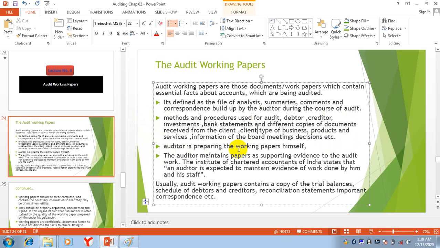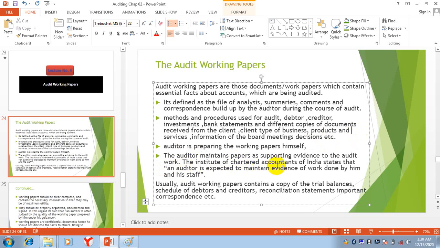The auditor prepares the working papers himself, and keep in mind who is preparing: the auditor is preparing. The auditor maintains papers as supporting evidence of the audit work. This is evidence with the auditor about the audit work.